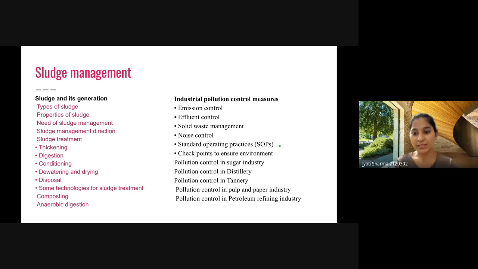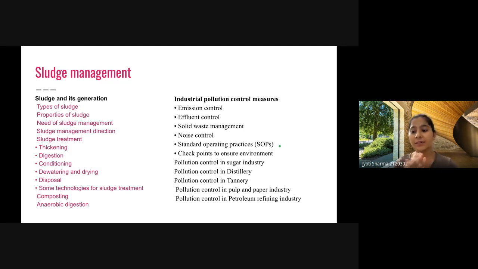Right now, for this week, what we will cover is whatever pollution or wastewater we are getting out of some industries. For example, if it is a sugar industry, or a distillery, or a tannery, or let's say a paper industry, what kind of pollution will it generate, the first thing.